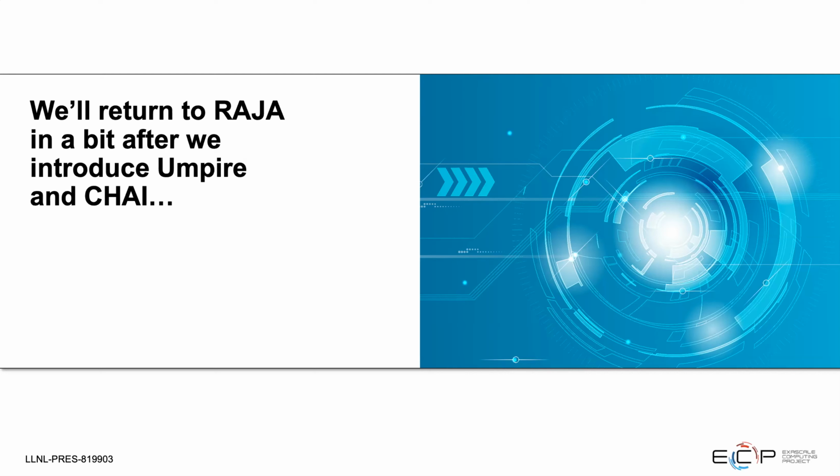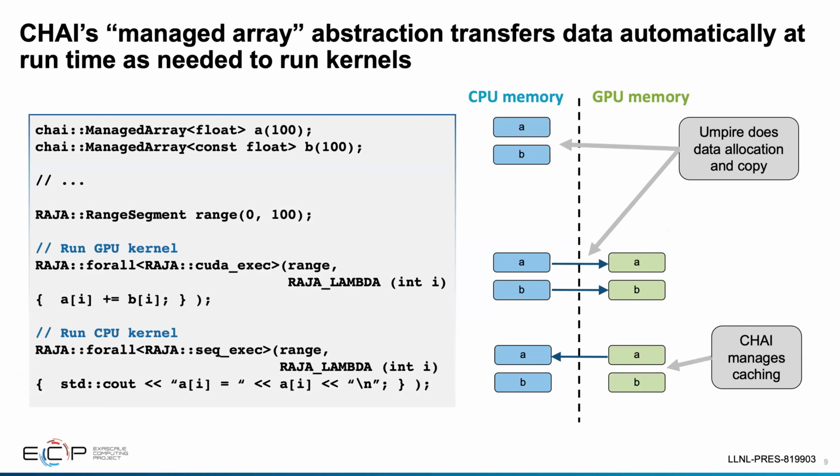So I want to return to RAJA in a bit, but I want to introduce now Umpire and CHAI. So as I described, RAJA brings loop level parallelism to applications, but when running on the GPU, we have that additional detail of having to move data between the host and the device. So CHAI is designed to complement RAJA and transfer data behind the scenes automatically at runtime as needed between the host and device.